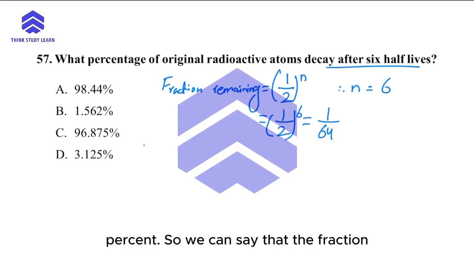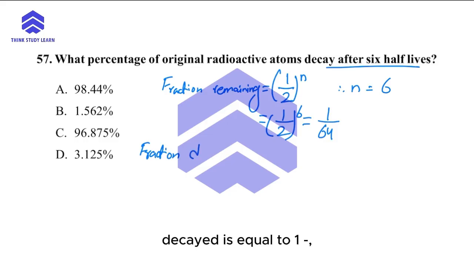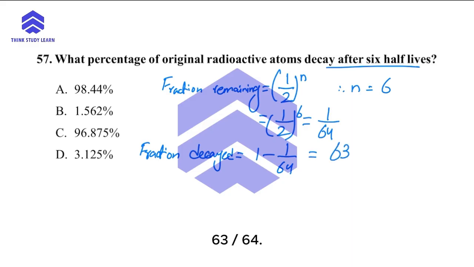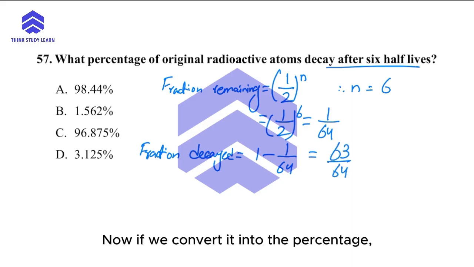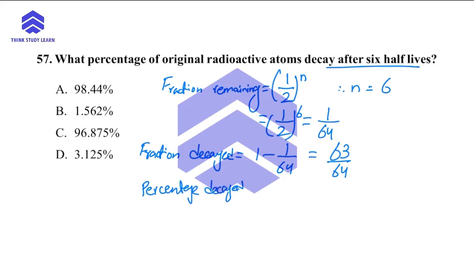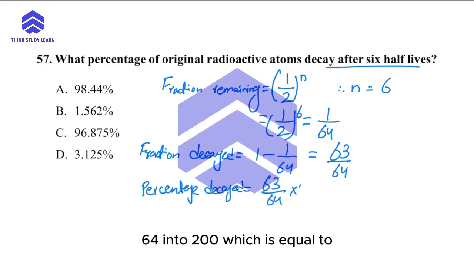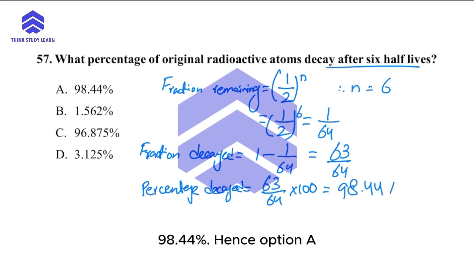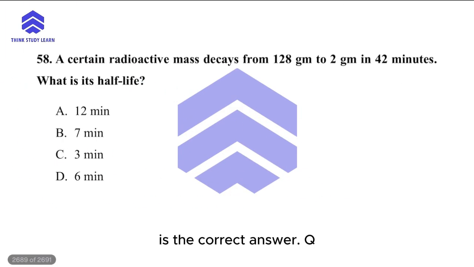So the fraction decayed is equal to 1 minus 1/64, which is equal to 63/64. Now if we convert it into a percentage, it will be equal to 63/64 times 100, which is equal to 98.44%. Hence, option A is the correct answer.